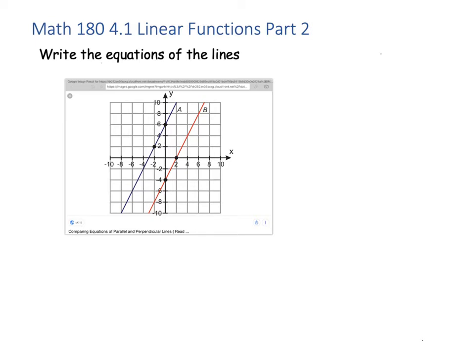We go from negative 2 to 0, so that's a positive 2. So we have up 4, to the right 2. So our slope is 4 over 2, which simplifies to 2. So that first line, the line that goes through that point A, has the equation y equals 2x plus 6.